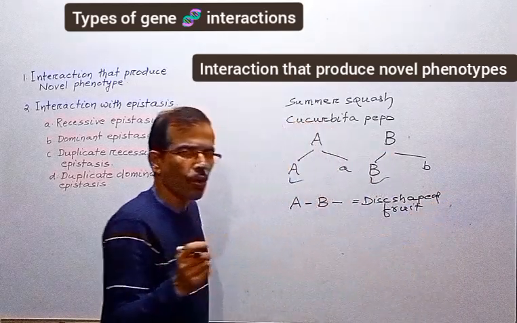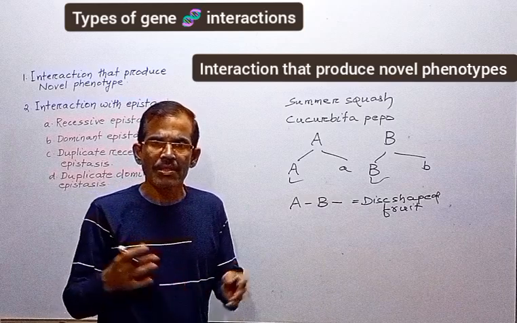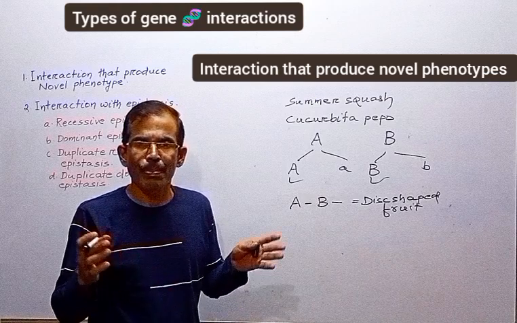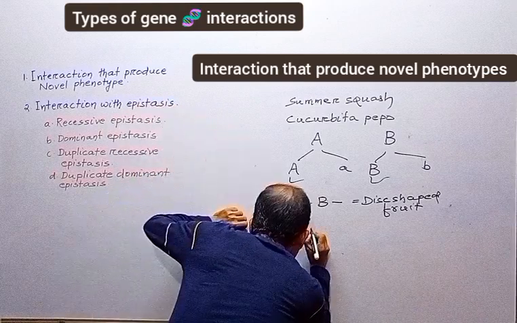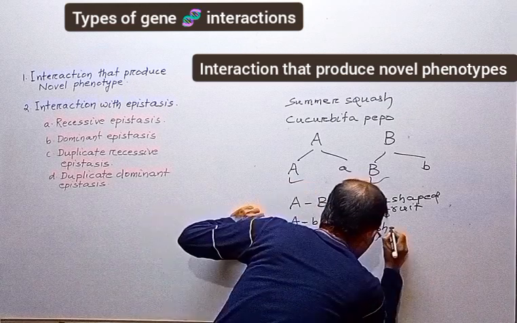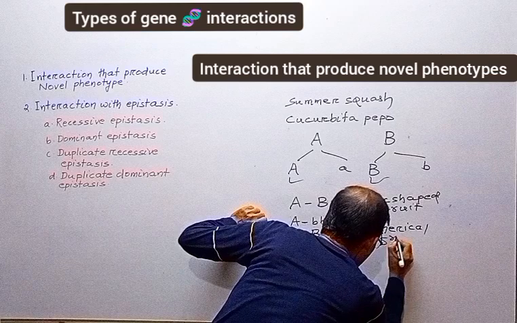But when only one gene has a dominant allele and the other gene has only recessive alleles, then the fruits are spherical. These are the two genotypes that produce spherical fruits.